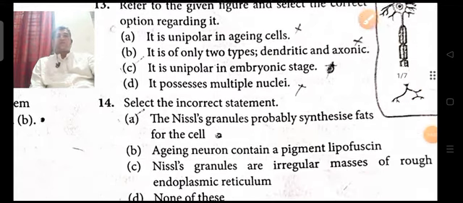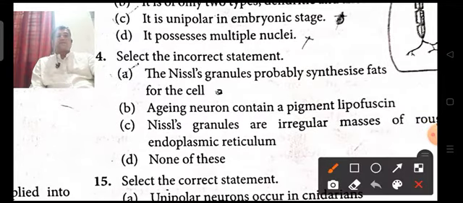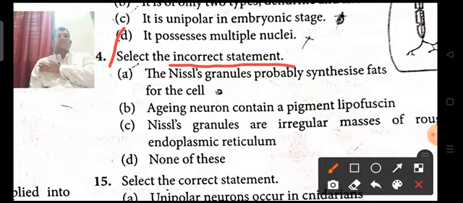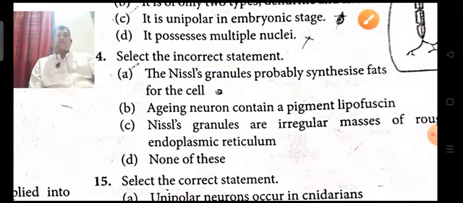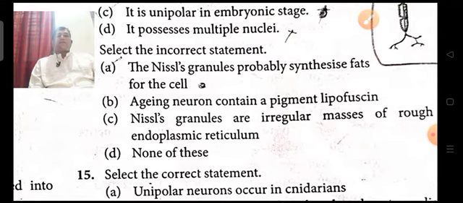Next, coming on to the 14th question, select the incorrect statement. Here they are asking about the incorrect statement. The Nissl granules probably synthesize fats for the cell. Aging neuron contains a pigment lipofuscin, right? Nissl granules are irregular masses of rough endoplasmic reticulum. So here, Nissl granules probably synthesize fats.